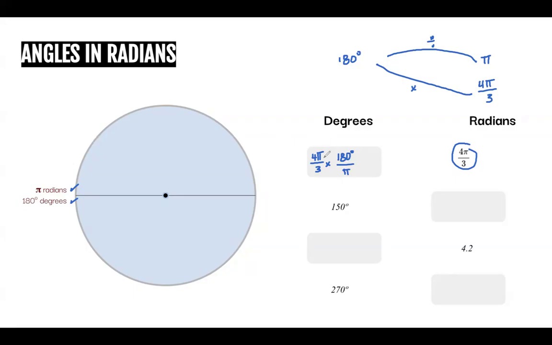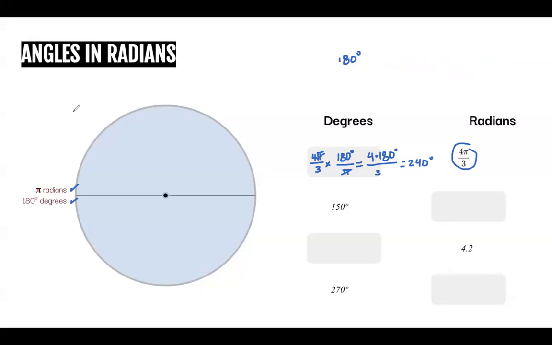At this point, you'll be able to cancel out pi with pi, and that would be 4 times 180 degrees divided by 3. And if you simplify this fraction, you're going to get 240 degrees.